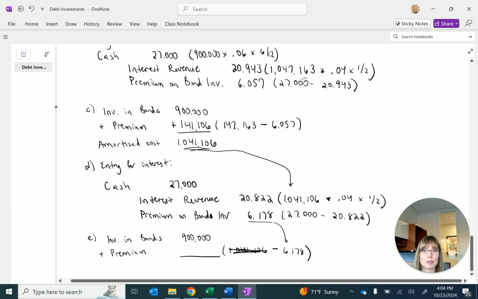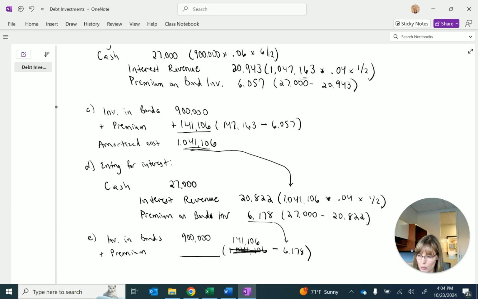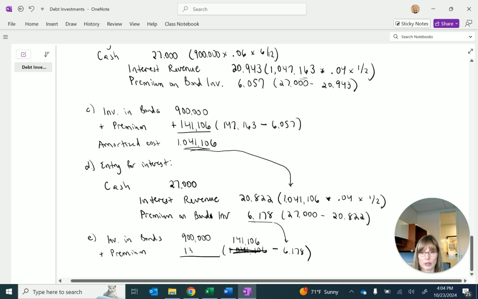The balance in the premium was most recently $141,106. Subtract out the amount by which we reduced it, 6,178, and we get $134,928. This gives us a new amortized cost at the end of the year, $1,034,928.